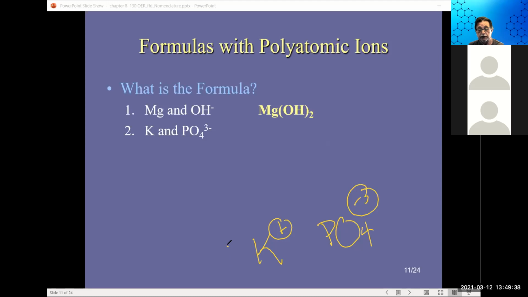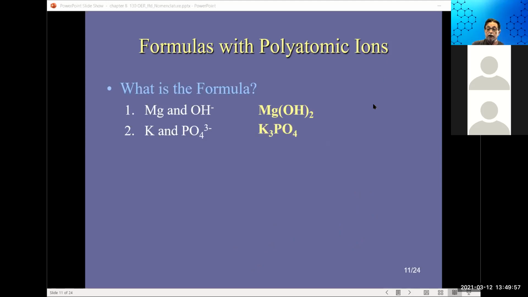So I'm going to need 3 potassium ions to cancel the -3 of phosphate, and our formula becomes K3PO4. Notice that parentheses were not necessary around the polyatomic ion PO4 because you only needed 1. So you just put PO4.